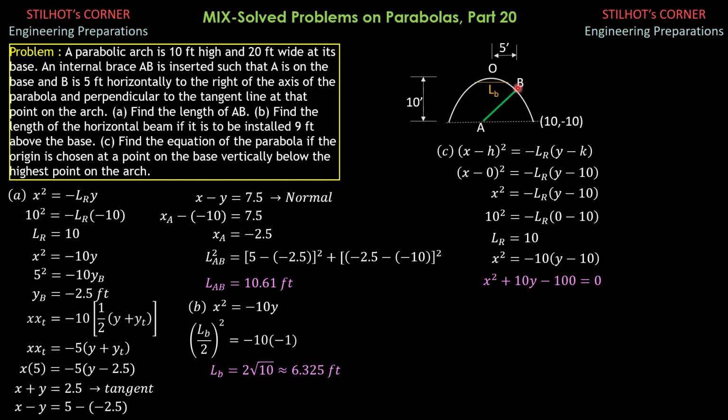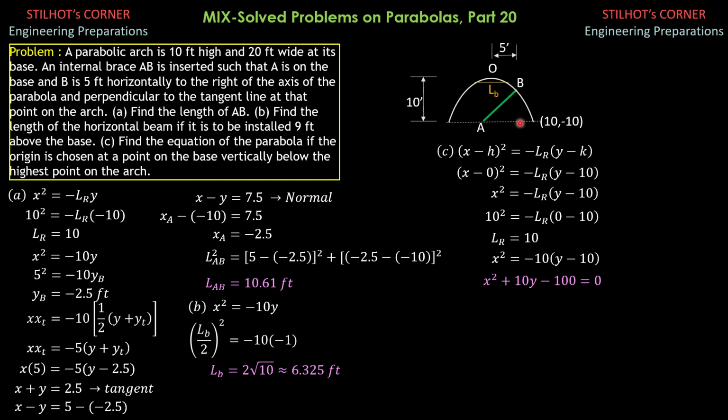Coordinates of B would be 5, comma 7.5, because YB is 2.5 below the highest point.